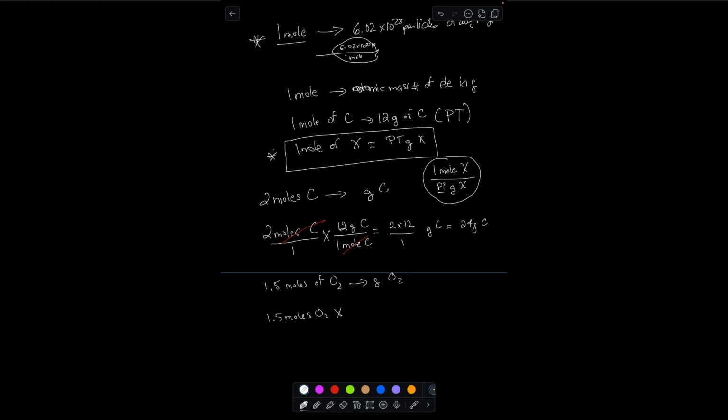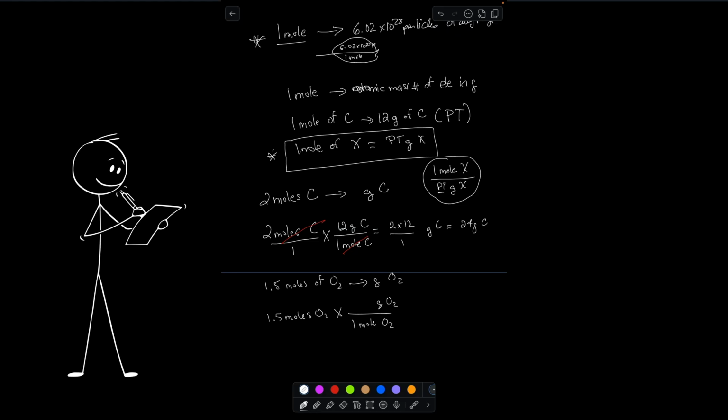A calculator is our unit converter. It changes the units. So, we know we're going to have 1 mole on one side and then the grams on the other side. In order for moles to fall off, 1 mole has to be at the bottom, and then the grams of O2 are going to be at the top. Well, where do I find the grams of O2?